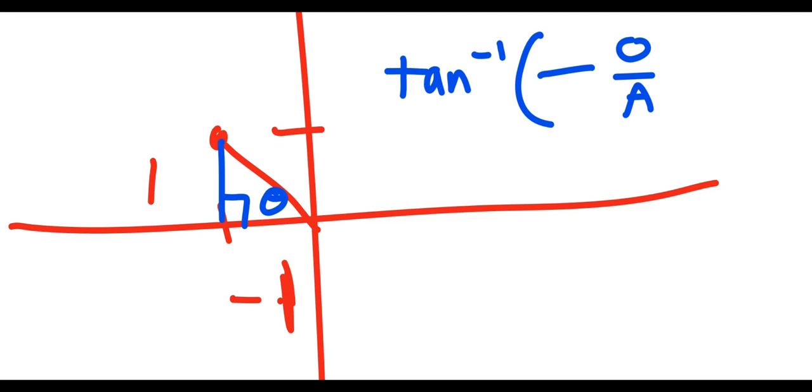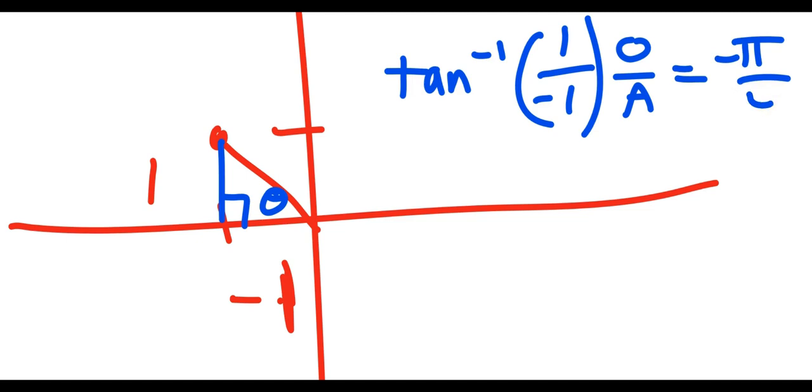Inverse tangent of opposite over adjacent. And when we do that, we get negative pi over 4. And remember, you're simplifying the inverse tangent feature, which means you are looking for only one answer.